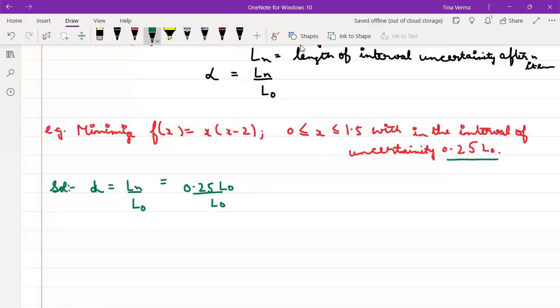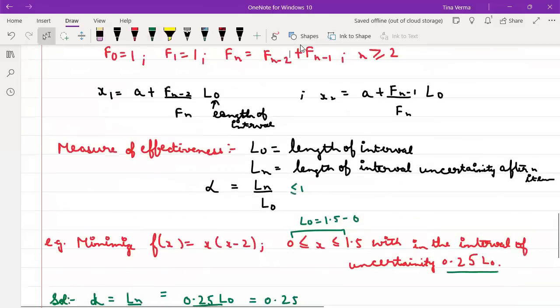If an interval is given, then you can first calculate L naught, which here will be 1.5 minus 0, that is the length of the interval. If you are simply told that only 25% of the interval is to be taken, then you can calculate that. So it will always be less than or equal to 1, and this is coming out to be 0.25.